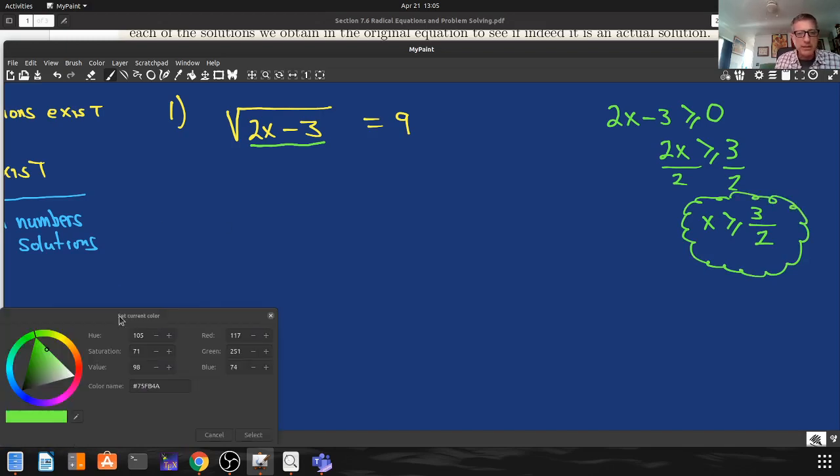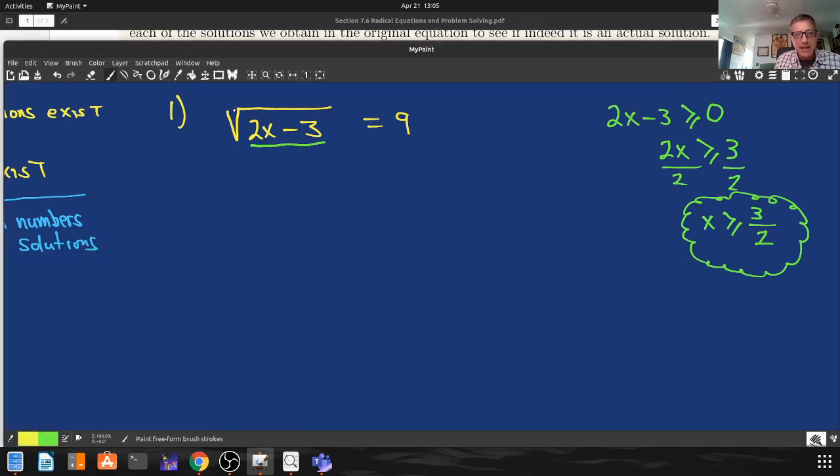So let's go ahead and solve this using the power rule. So the index of this is 2. Recall, when I have the radical sign and I don't write an index, the unwritten index is 2. So to remove the radical, I use the power rule, and I raise both sides to the power of the index.